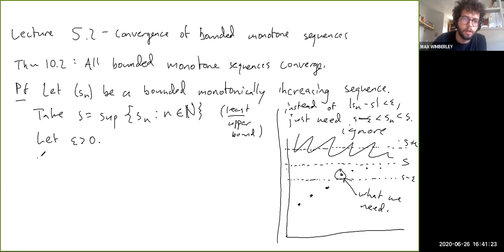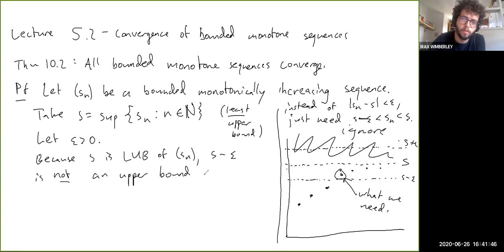All right. Because S is the least upper bound of Sn, S minus epsilon is not an upper bound. We've seen this before too, remember? Take note of this: whenever you have a supremum, one of the most useful things you can do with it is know that any number that's smaller than the supremum is not an upper bound.